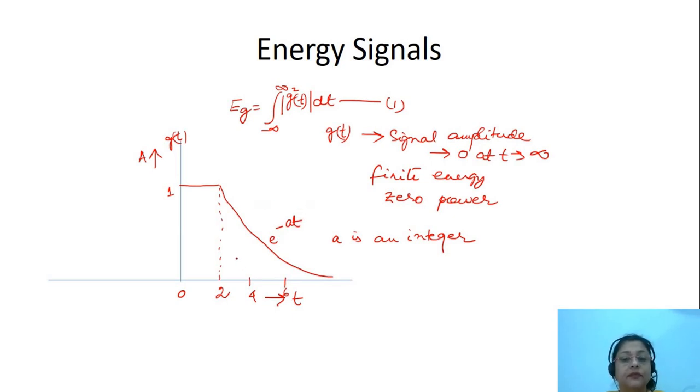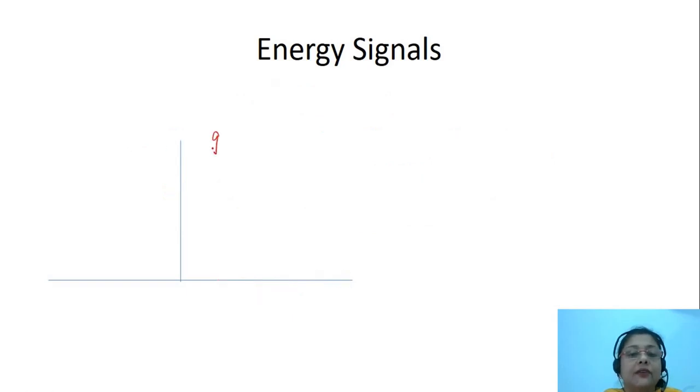Okay. Let's take another example. Let's say we have g(t) equal to e to the power minus at into u(t), where a is greater than 0. u(t) is the unit step function.